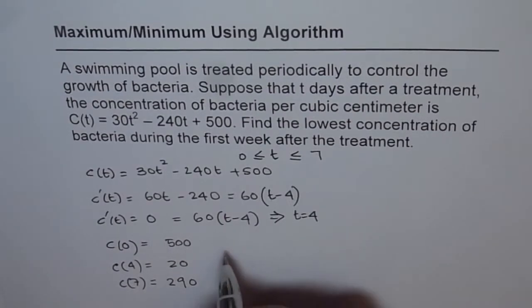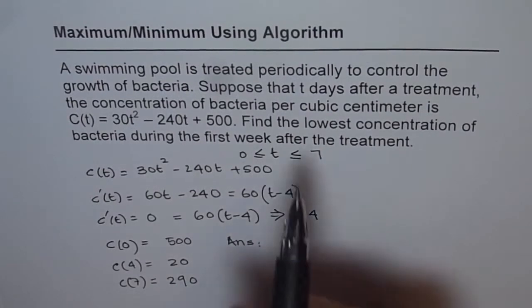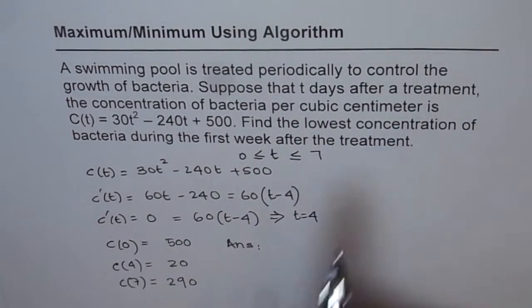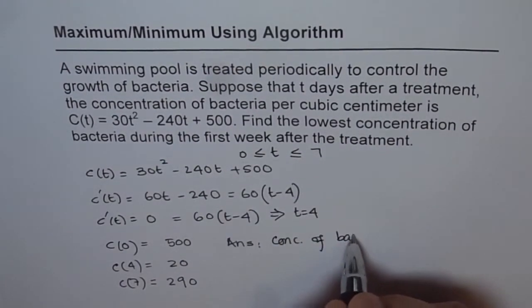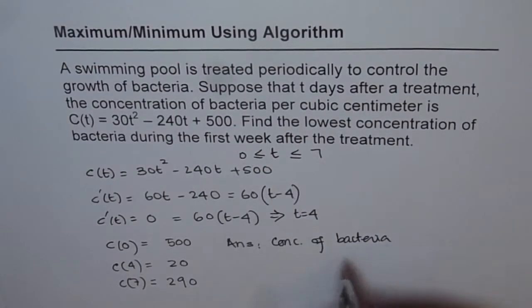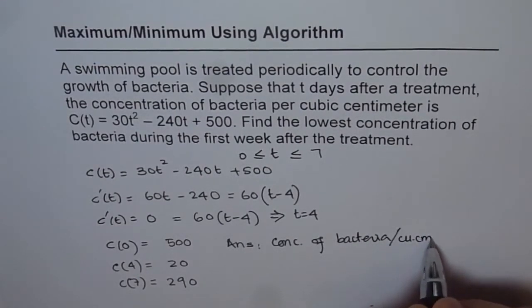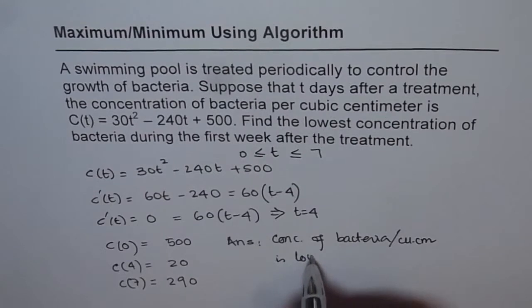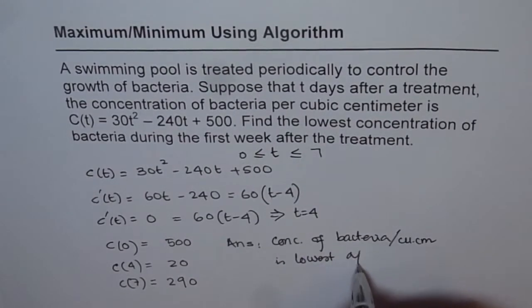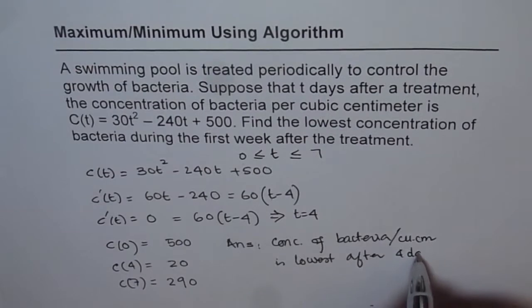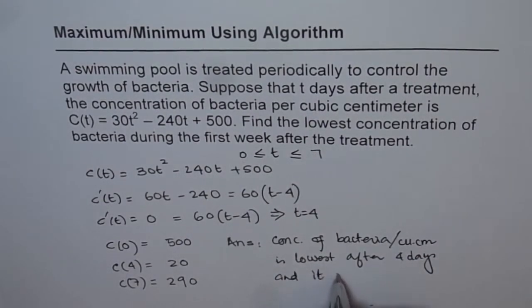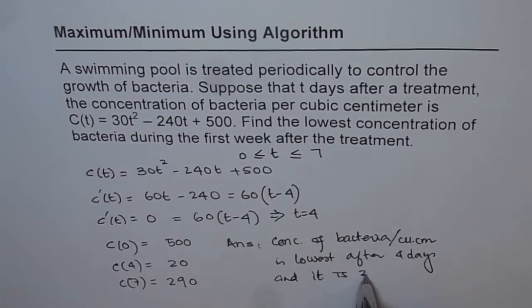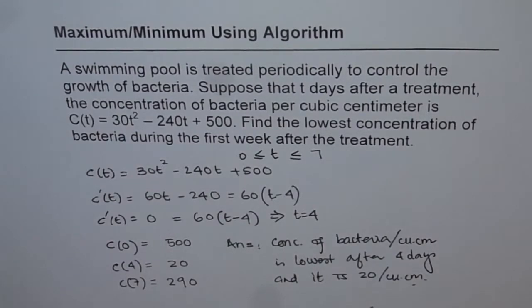So we can write down our answer as: the concentration of bacteria per cubic centimeter is lowest after 4 days, right? And it is 20 per cubic centimeter, right? So that's the answer.